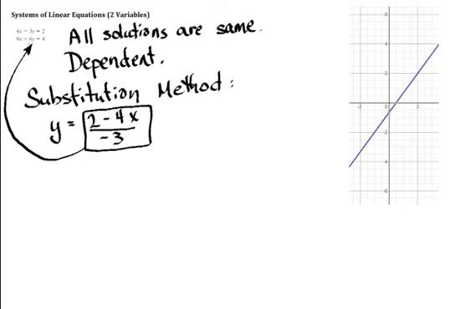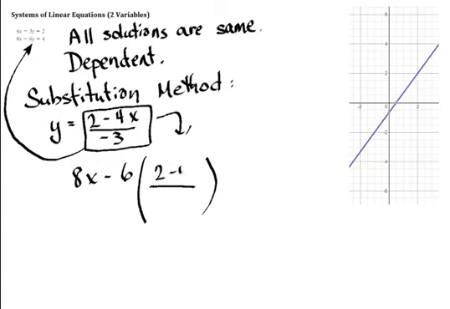So let's watch. 8x minus 6 times whatever I put in for y, and I'm going to put that right here. So that's going to be 2 minus 4x over negative 3 equals 4. Ugh. All right, let's see what happens here.